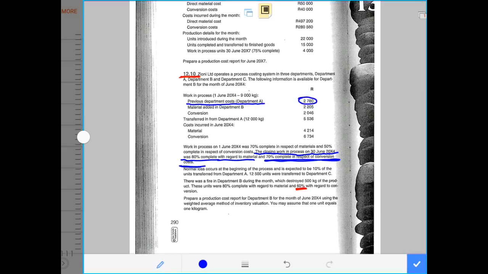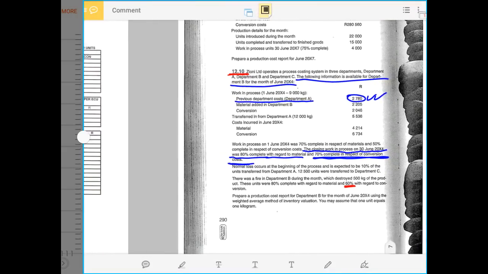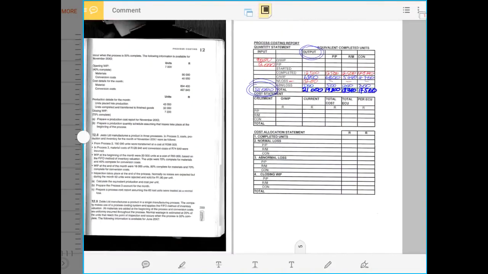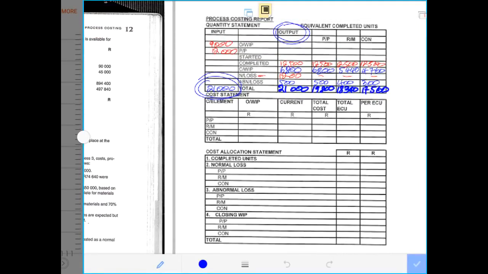It says the following information is available for department B, so now we are in department B. We have the costs that were already incurred in department A, when they were processing this material, 2,780. This cost must be recorded under the opening work in process, previous process. That will be 2,780.